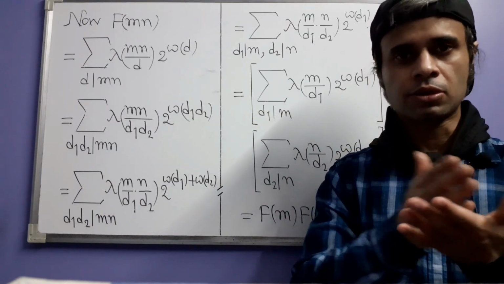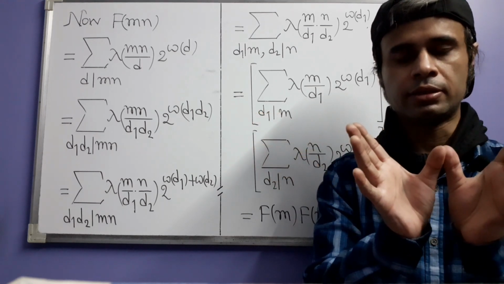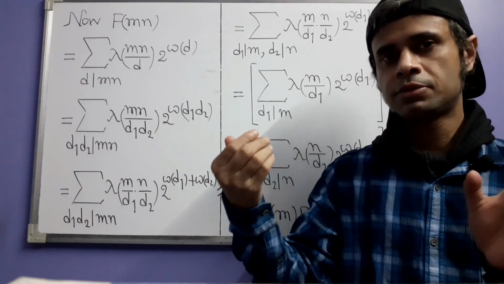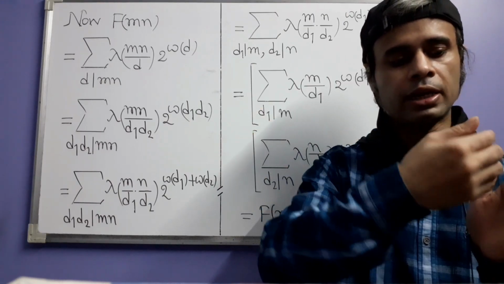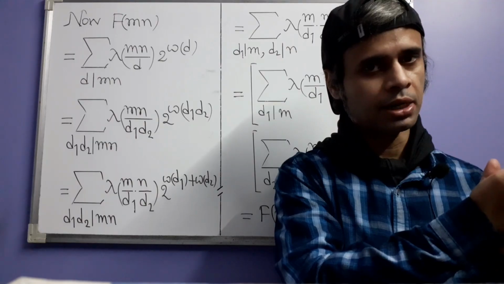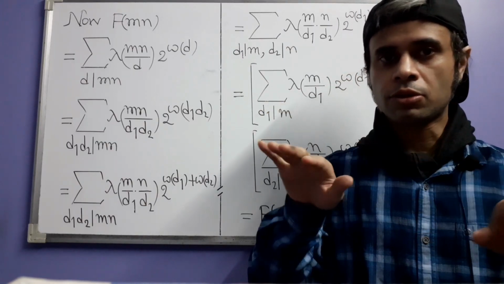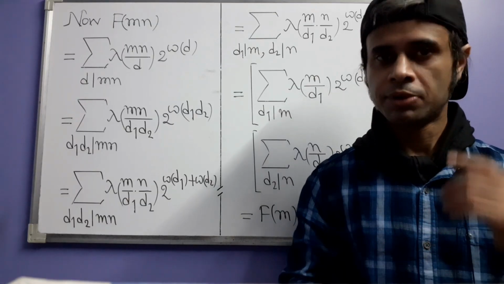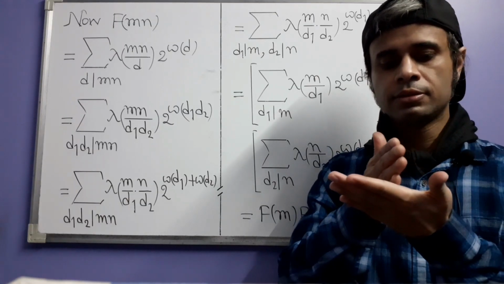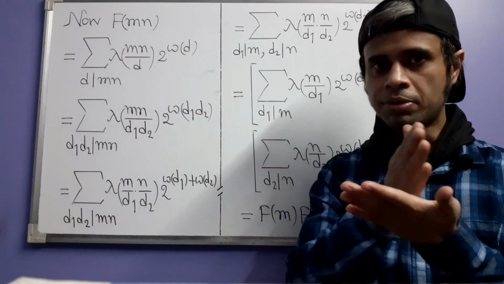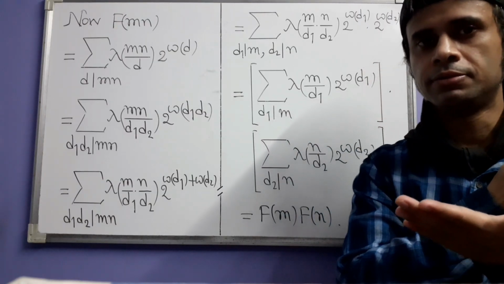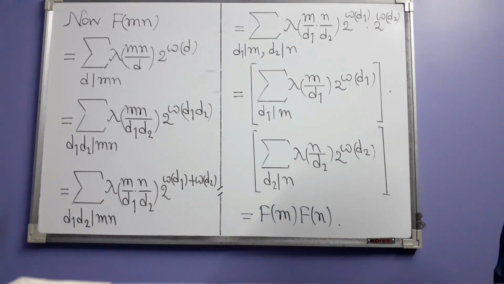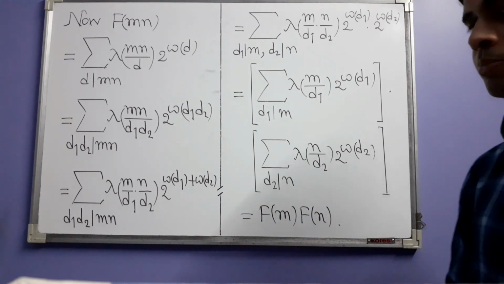And because there is no common prime, they just simply come together. So, if d1 has a given number of distinct prime divisors and d2 has a given number of its own distinct prime divisors, and there is no common prime divisor, then d1 d2 automatically will have how many prime divisors? The number of prime divisors of d1 plus the number of prime divisors of d2. That is why we have this. Alright. Now the next step may confuse you.